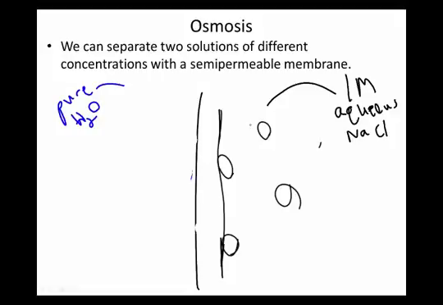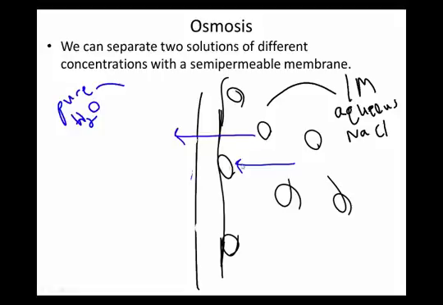On this side, because the solvent, in this case water, is flowing both ways, the solute particles are going to be butted up against the membrane, but they can't pass through. They're just blocking. That means solvent can still pass through, but the solute getting in the way blocks some of the solvent.